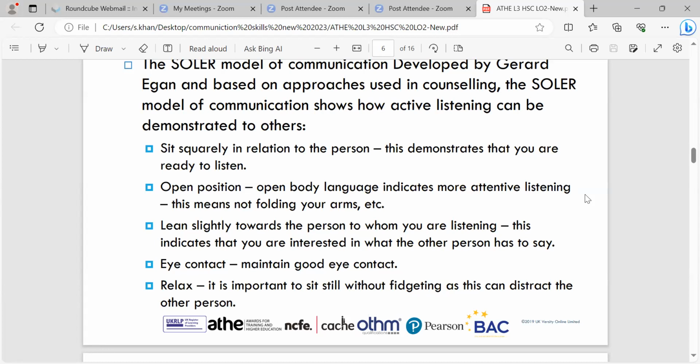So you're maintaining good eye contact, you're listening to them, you're understanding what they are saying. And then relax. It is important to sit still without fidgeting, as this can distract the other person. For example, if you're talking to someone, it's good that you're not fidgeting with your fingers or hands, because that will make them more nervous while they're talking.